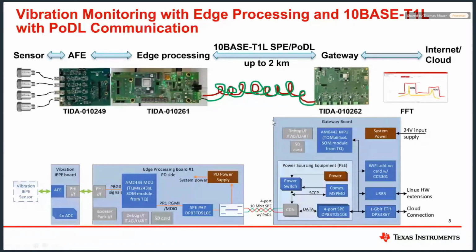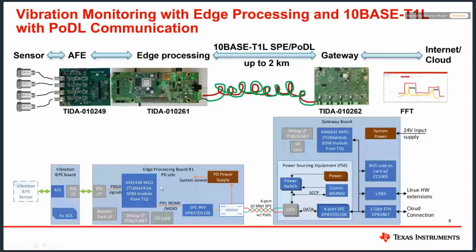The way it works, we also show at the bottom here. We have on one hand the vibration sensor, then we have this IEPE board, which is the analog front end. It contains an analog front end and 4 ADCs. The ADC values are sampled by a processor that we have on this edge processing node.